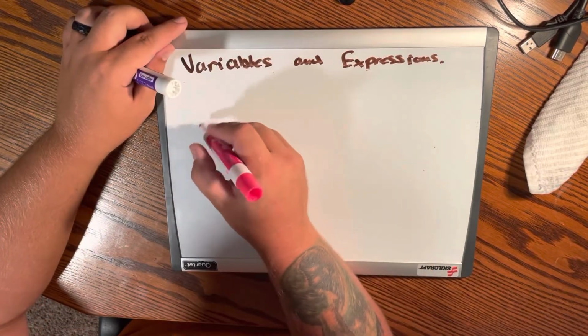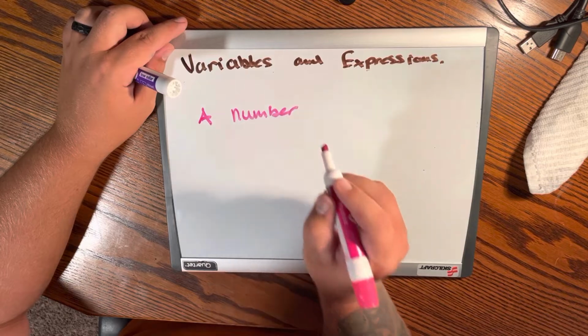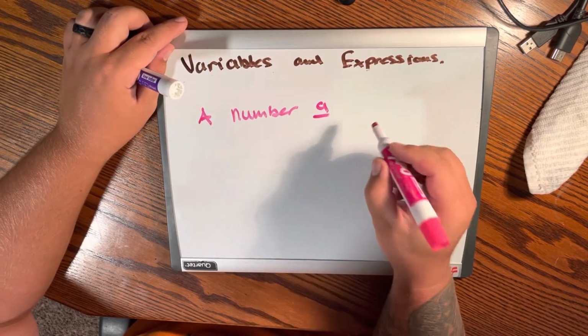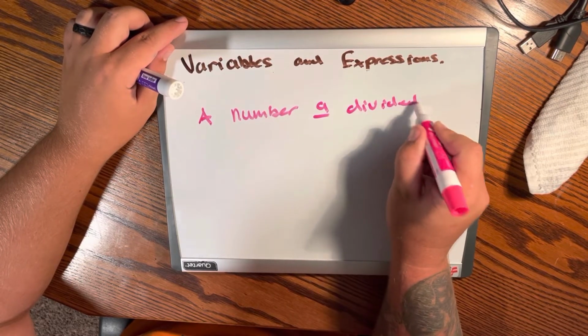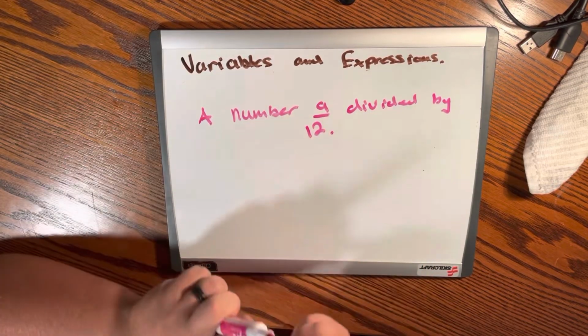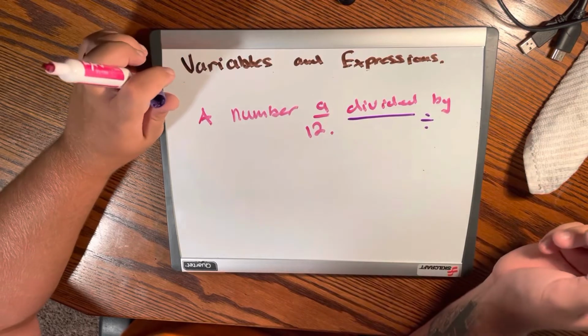Now we have a number a, which is a variable, divided by 12. Words to pay attention to, divided by. Okay, we're using division.